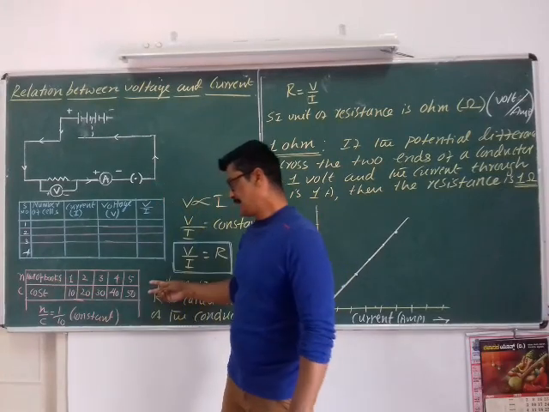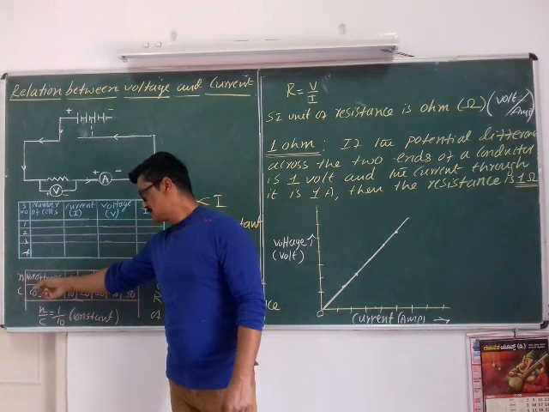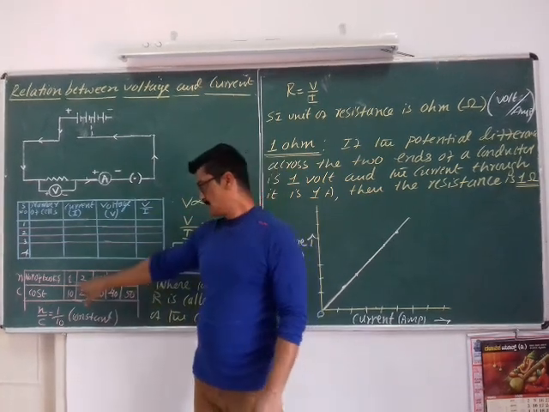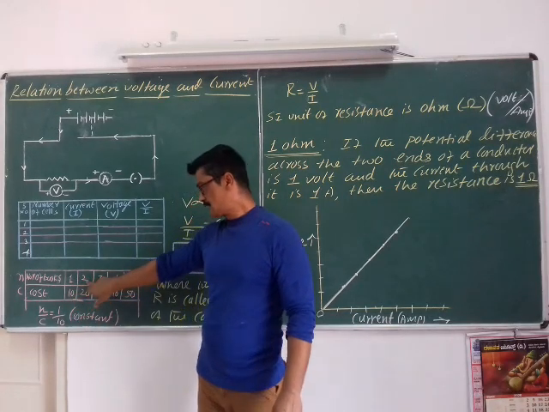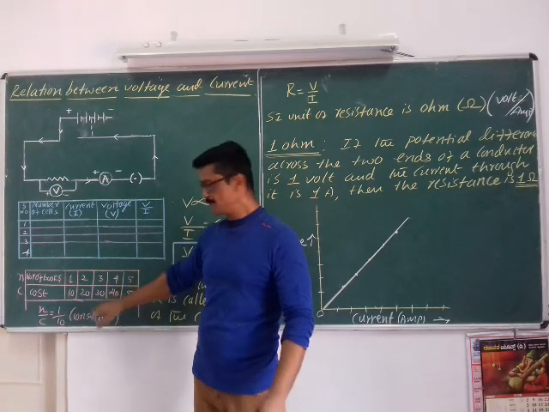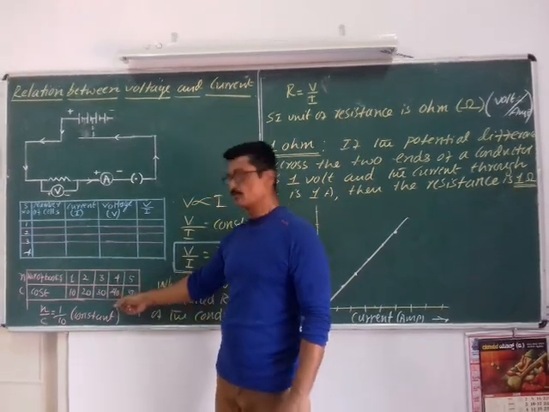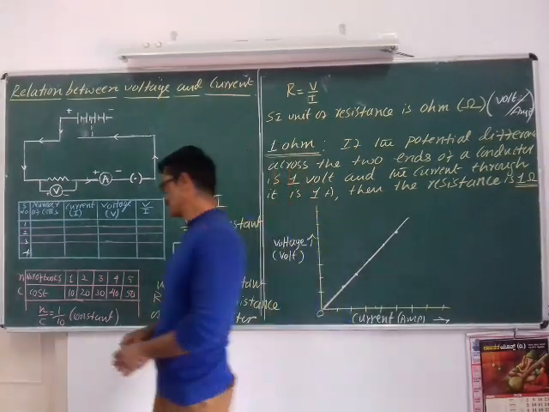Here we have another table, number of books and cost. The cost of one book is 10. Cost of two books is 20. Cost of three books is 30. Cost of four books is 40. Cost of five books is 50.